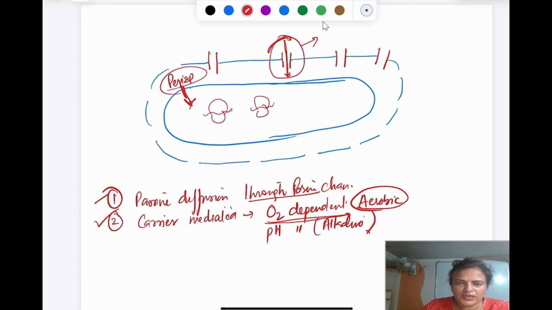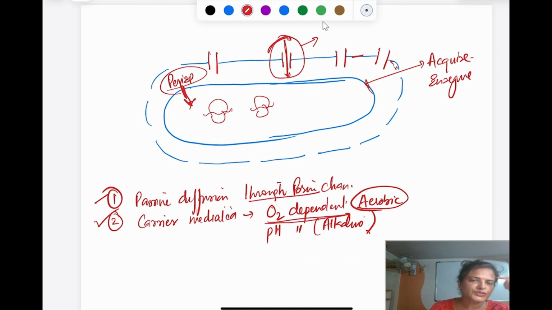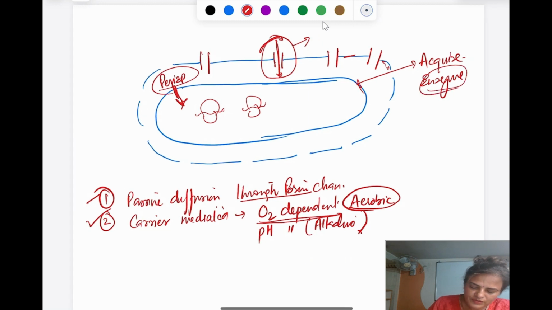And the most important is, now what will happen? The bacteria are going to acquire the enzyme. And how are they going to acquire the enzyme? Bacteria acquire the enzyme by mutation, by conjugation. Mainly by conjugation, the bacteria acquire the enzyme. And once it acquires the enzyme, now what will happen? That enzyme is going to make changes in the aminoglycoside.